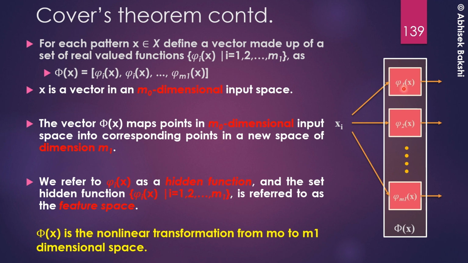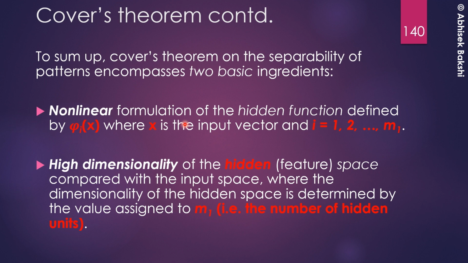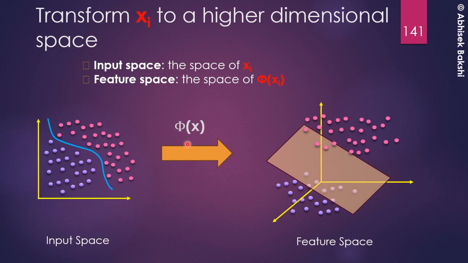So the value of m1 should be 10, so that in the output you will get a total of 10 outputs, and each point of 3 features will be represented by a point of 10 features. Just assume like this. That is what is actually written here. Now the question is what will be the nonlinear function definition? What will be the definition of phi ix? We will see that soon.